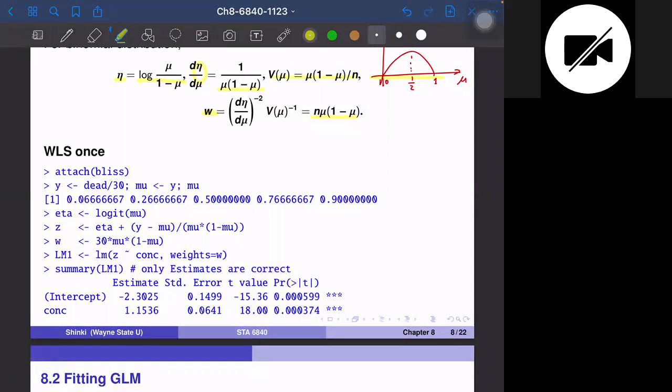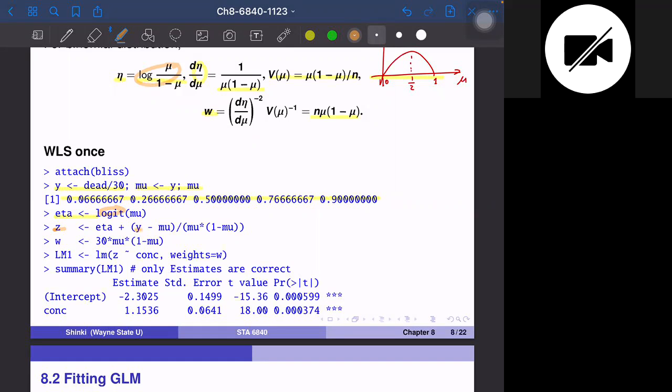Okay, so the weighted least squares only once, not iterated. At first we define y, which is the proportion. Mu is just the initial value, so we use y as the initial value. These are the sample proportions, and we define eta. The logit function is just this function, and z is the adjusted version of the response.